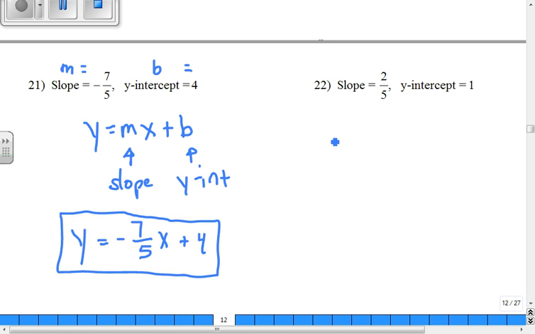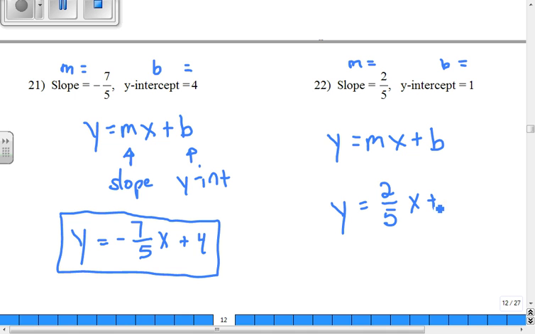And very similarly, over here, I have my format, y equals mx plus b. I know that my slope is my m. I know that my y-intercept is my b. So I'm going to plug those into my equation to get y equals 2/5 x plus 1.